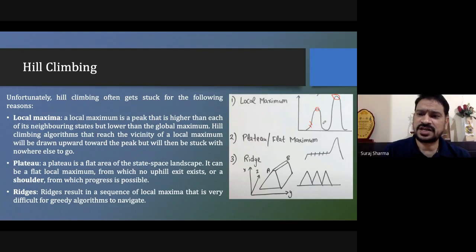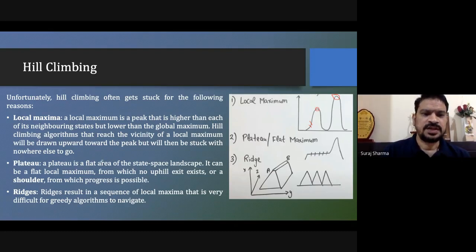If you're not changing the state, how will you go further, right? So hill climbing algorithm will not give you the optimal solution. It will give you a solution which is not optimal.